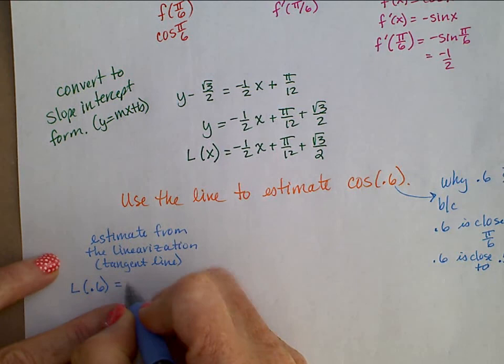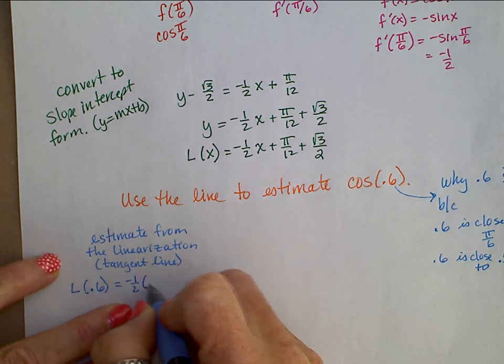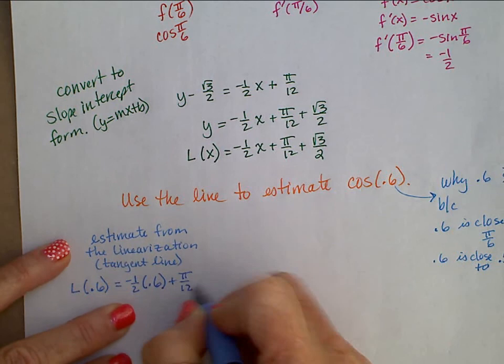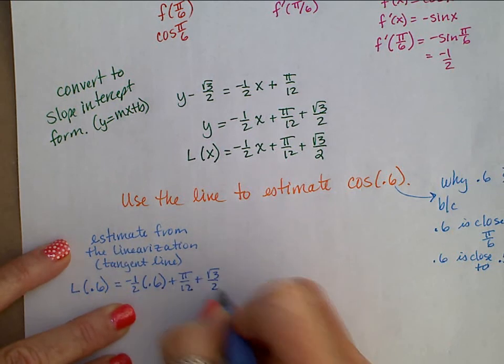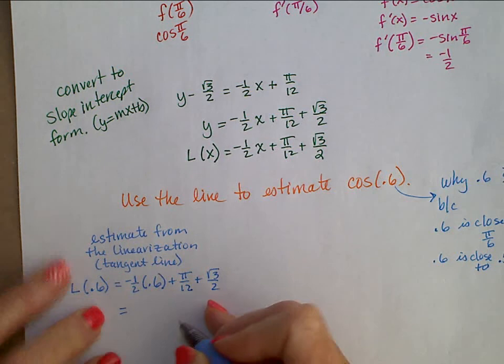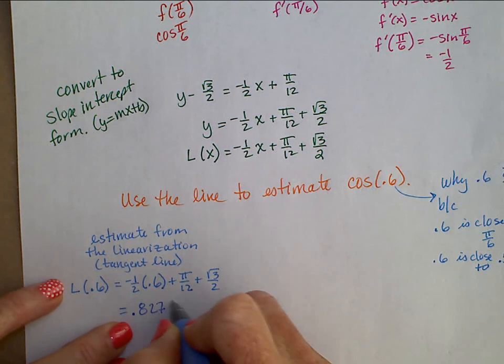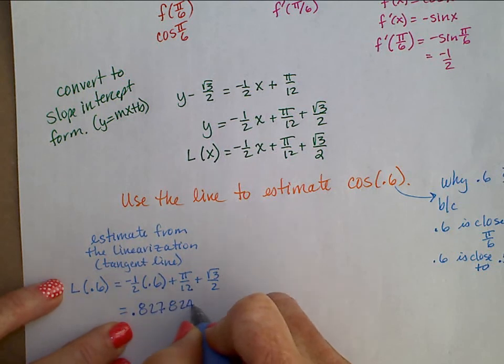And we'll have negative 1/2 times 0.6 plus pi divided by 12 plus square root 3 over 2. And you can believe me on this. The decimal approximation for this is 0.8278247916.